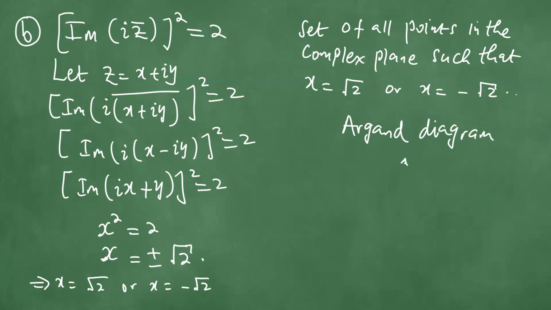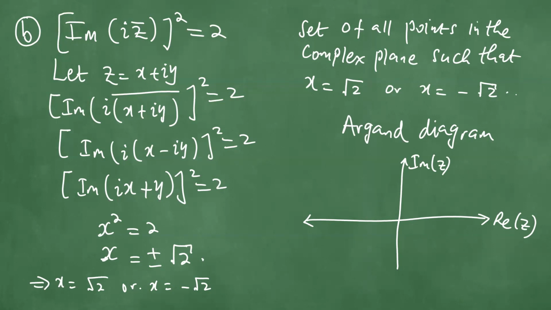And in view of the Argand diagram, we have the following. This is imaginary z, and this is real z.